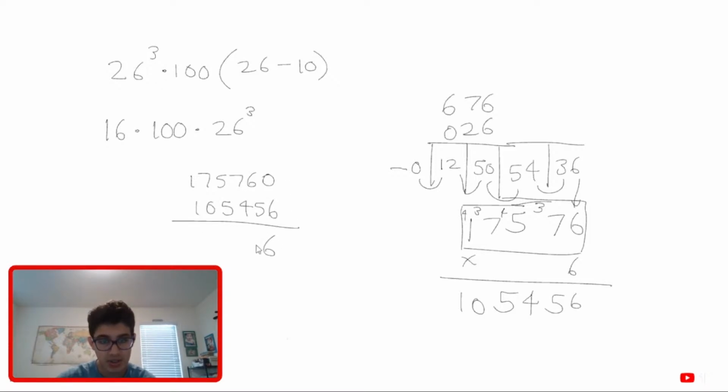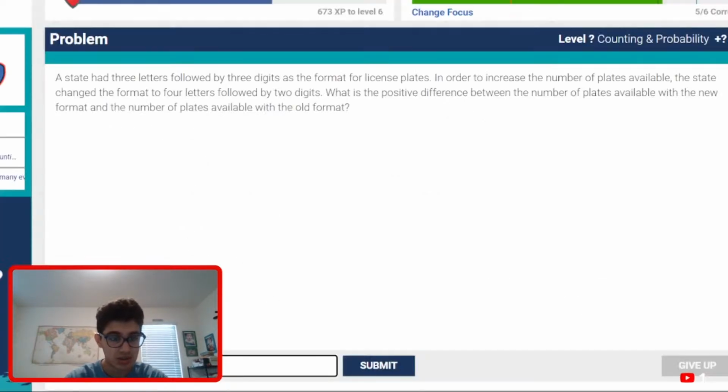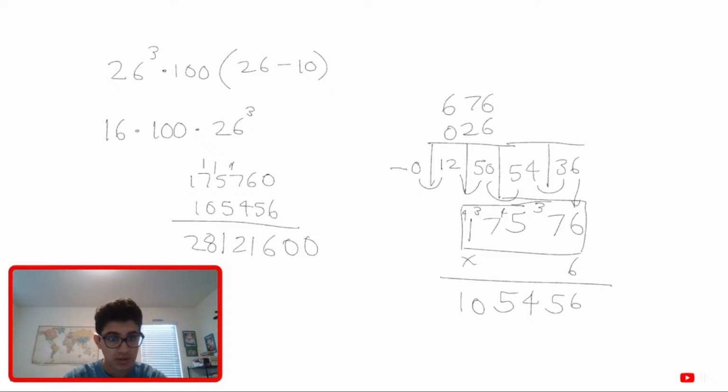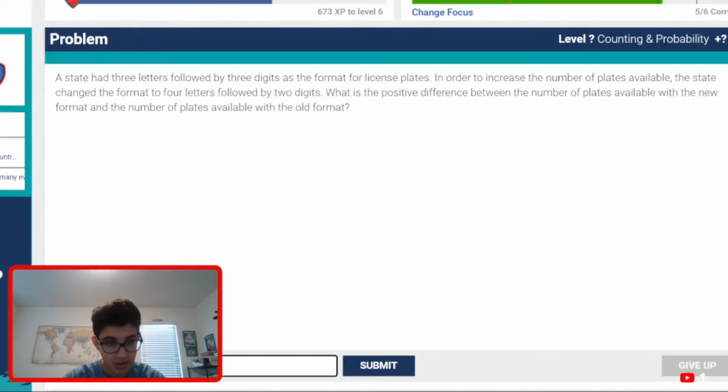Add these up, you get 6, you get 1 here, then you put the 1 over there to get 2, carry over 1 again, carry it over again, 8, 2, then 2 zeros. So 2812, 281216, 28121600. That's what the thing is.